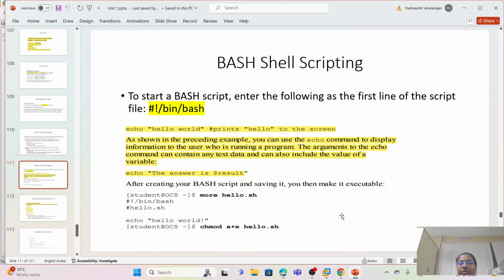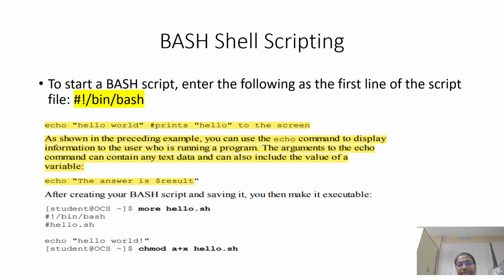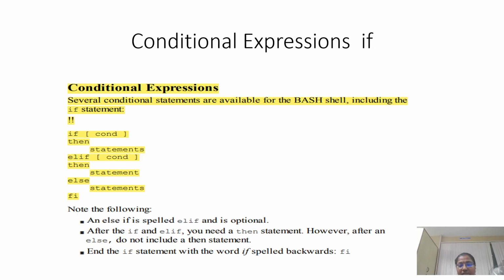Using any editor, you have to save it, and when writing in the editor, you have to use that editor's commands. Here I used the nano editor and saved it using Control O, then to come out of the nano editor, Control X, and then I made it executable and ran the shell script. It is simply displaying SRM. That is the small shell script I wrote and made executable.